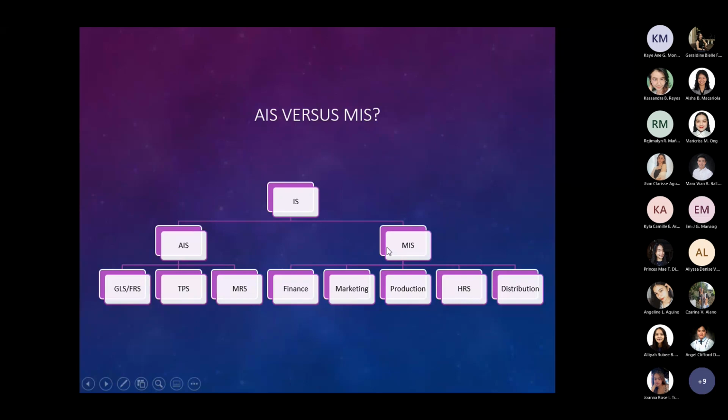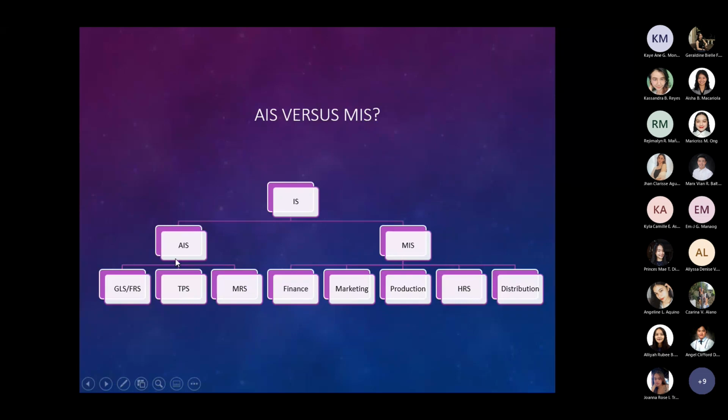Ano naman po yung MIS or management information system? All other information or non-financial transaction processed by your finance, marketing, production, HRS, distribution, and all other departments of the company. Anong ibig sabihin? Pwede po si accounting merong MIS? Siyempre naman. Hindi ibig sabihin yung department mo is accounting department, lahat ng ginagawa nyo ay accounting information system lang ang naapektuhan.